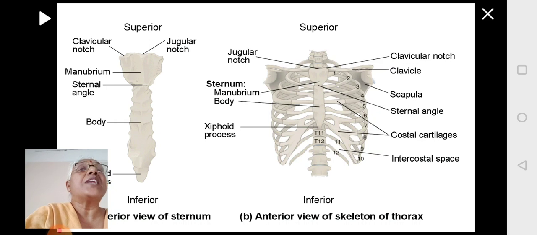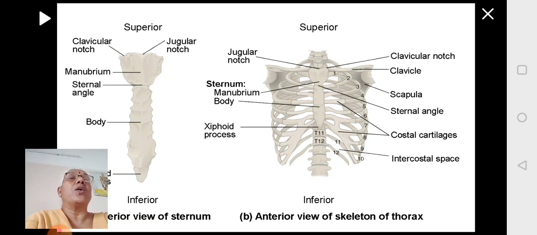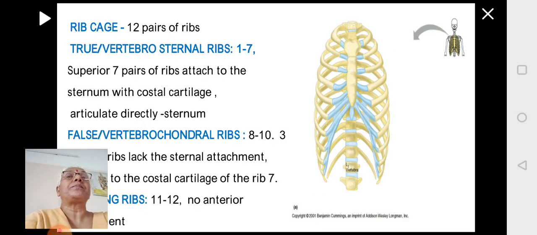Also on the back you will have the scapula, which we will cover when we look at the pectoral girdle. So remember that on the ventral side the sternum provides the surface for the attachment of the ribs. On the back side the ribs are attached to the vertebral column to form the rib cage or the thoracic cage.